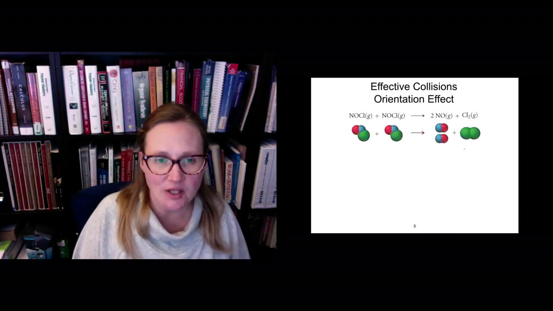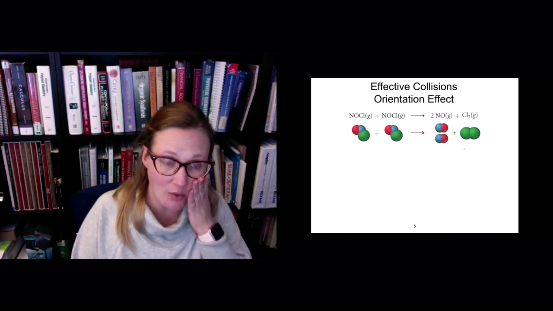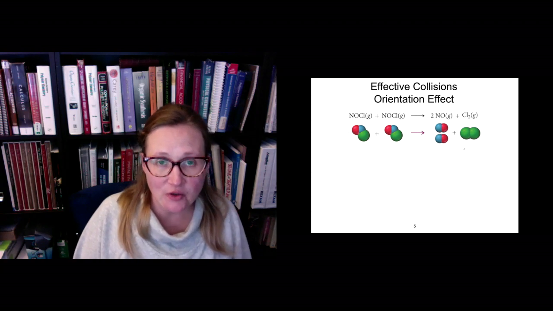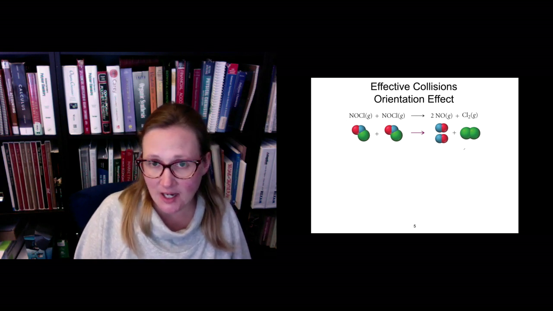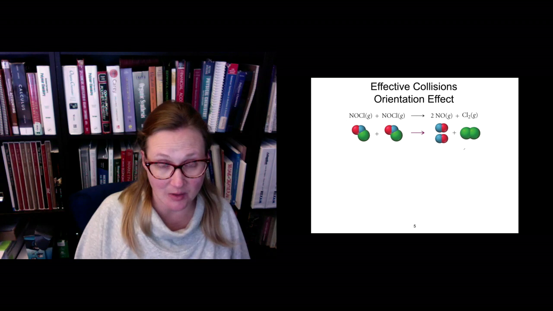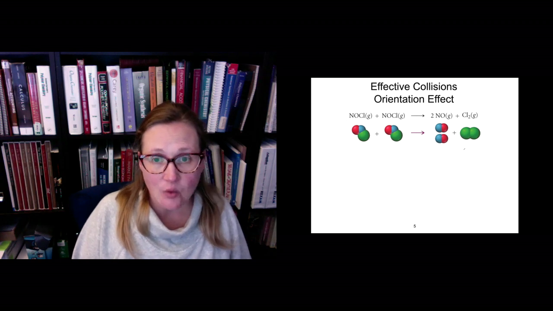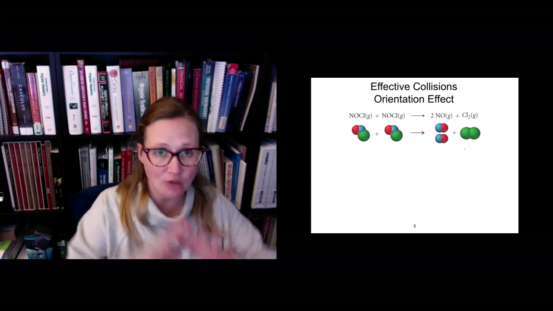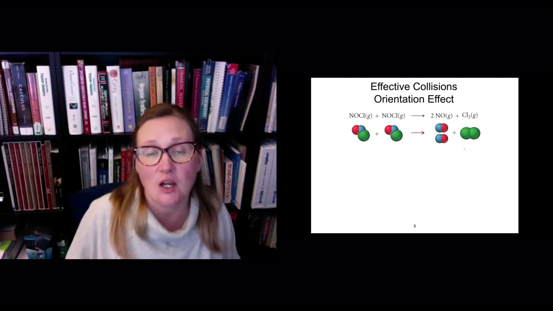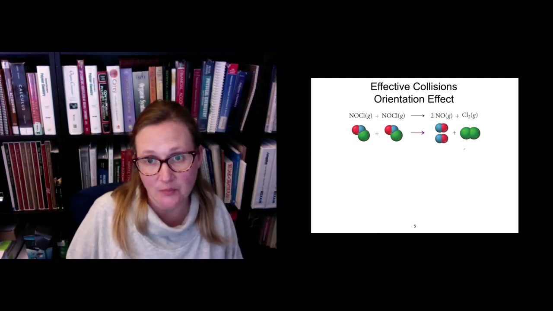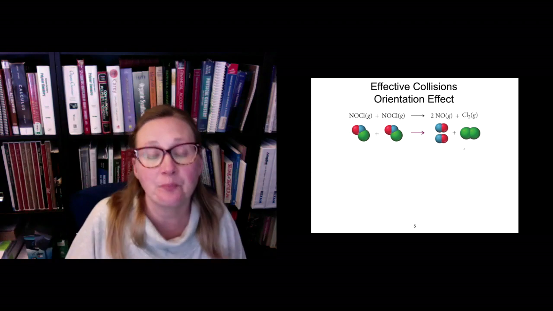Let's look at this reaction. We have two molecules of NOCl. They're going to collide with each other to produce two NO molecules and a chlorine molecule. Think about what has to happen for this reaction to occur. Let's assume that all the collisions have the same amount of energy, and it's sufficient to surmount the energy barrier.